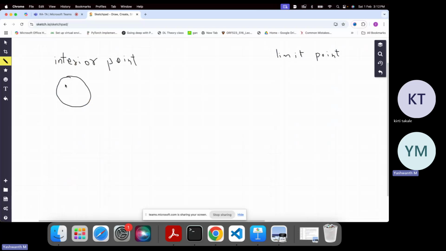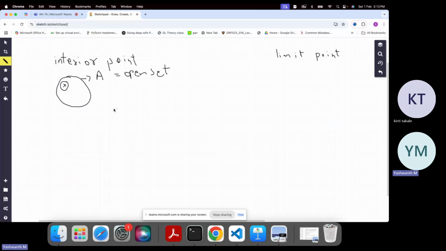The point P, we call this point X an interior point if there exists a radius r such that when you draw a ball around X, it lies completely within the set A. For every point in A you should be able to do this. Then it's an open set. So what I mean to say is every point of the set has to be an interior point. Only then the set will be an open set.